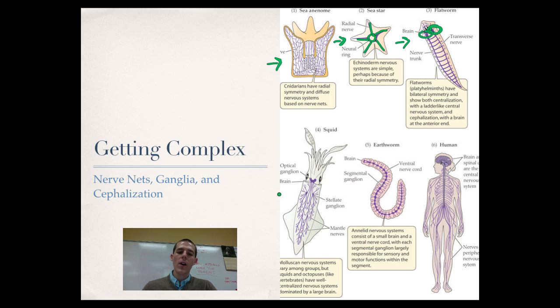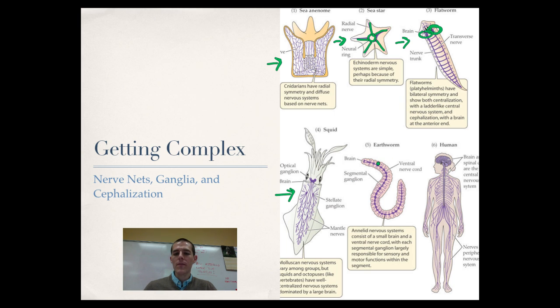Now, move on over to our cephalopods, and we start seeing several ganglia and a more developed brain. These cephalopods have got really big eyes, pretty complex behaviors, so they've got a much more complex nervous system than, obviously, a flatworm.